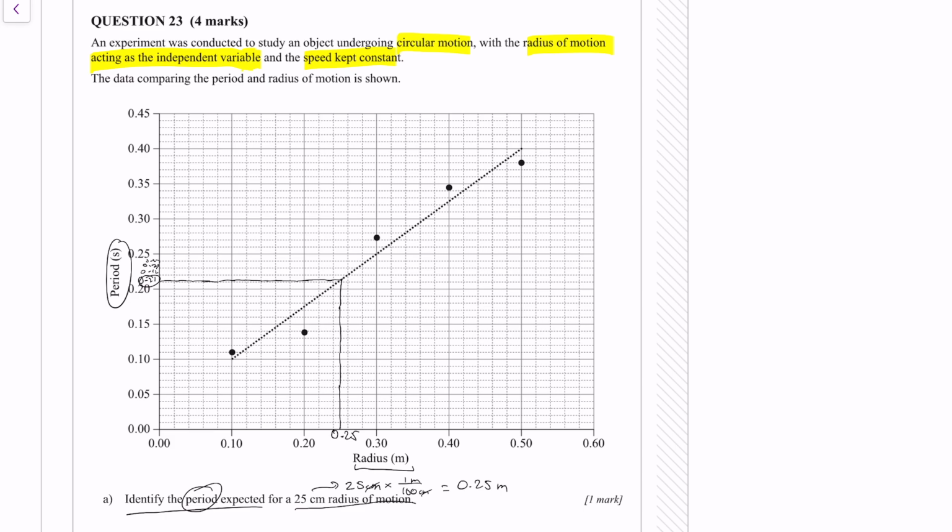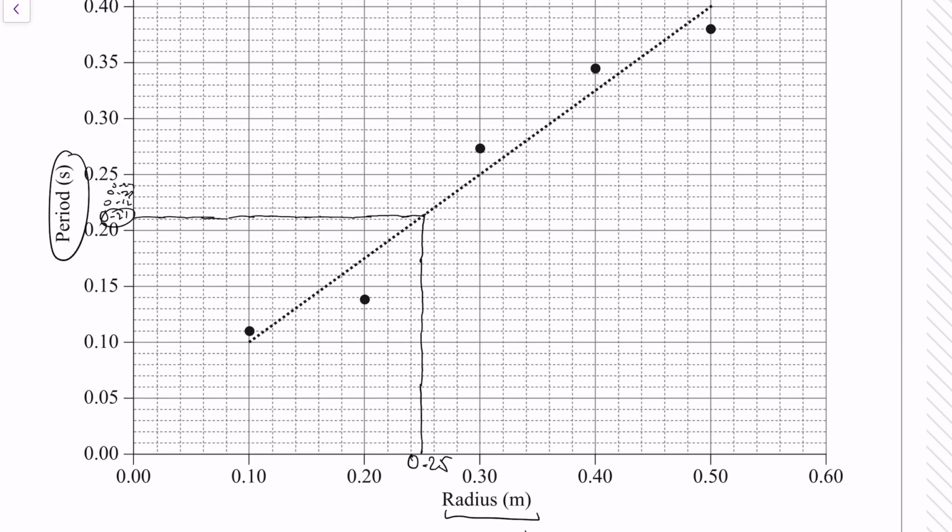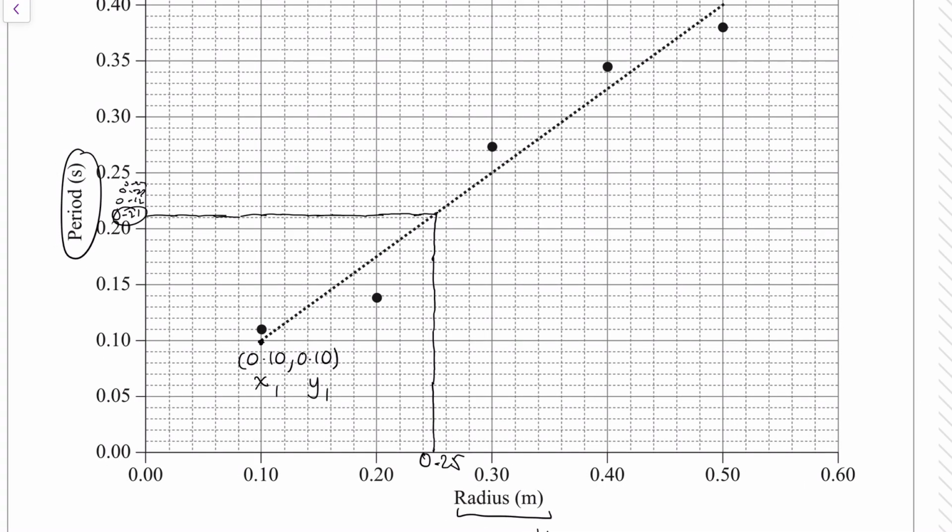Okay, so I'll probably use this point because that's literally on the dot. Okay, so 0.10 comma 0.10. Okay, and I would label that as soon as possible so I don't get my numbers mixed up as my x1, y1, because this is my first coordinate.